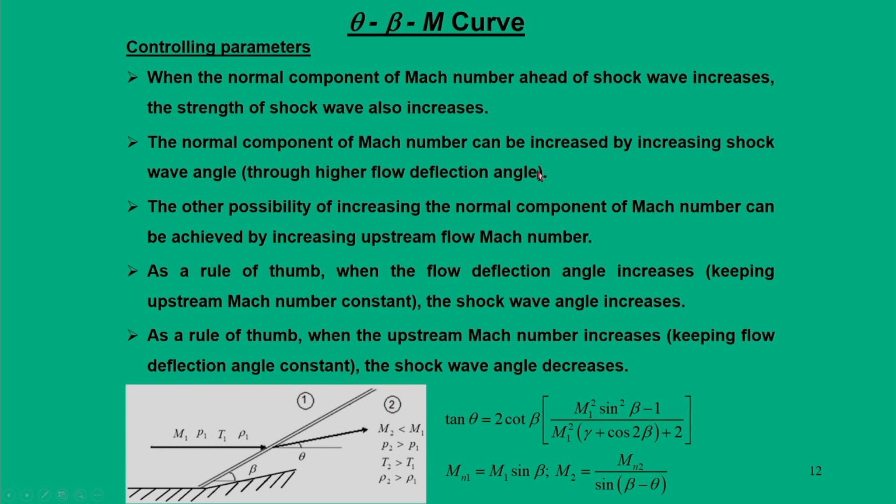Okay. And so, from this analogy, what we can conclude is that oblique shock is a physical, naturally occurring mechanism in which we can turn the flow as per our wish just by controlling a few parameters.